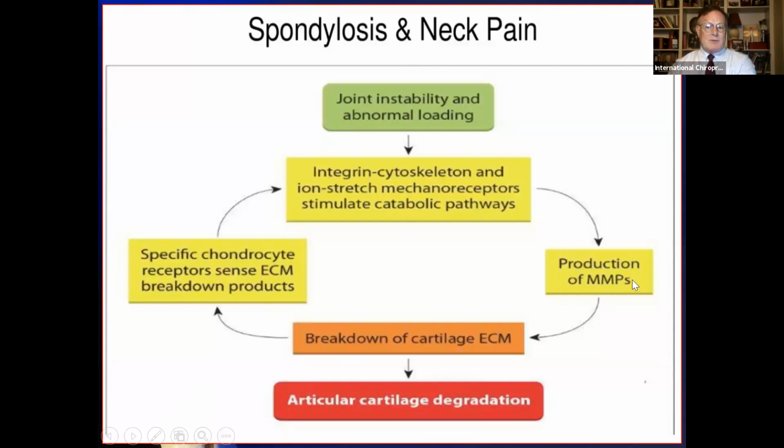They produce matrix metalloproteinases. Well, these dissolve scars. MMPs are all over the body. And when they're released by an injury, they show up and dissolve the scar and allow you to break down cartilage in the extracellular matrix.